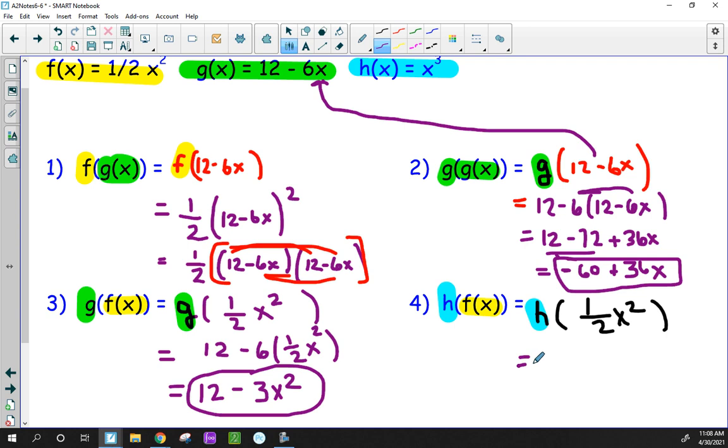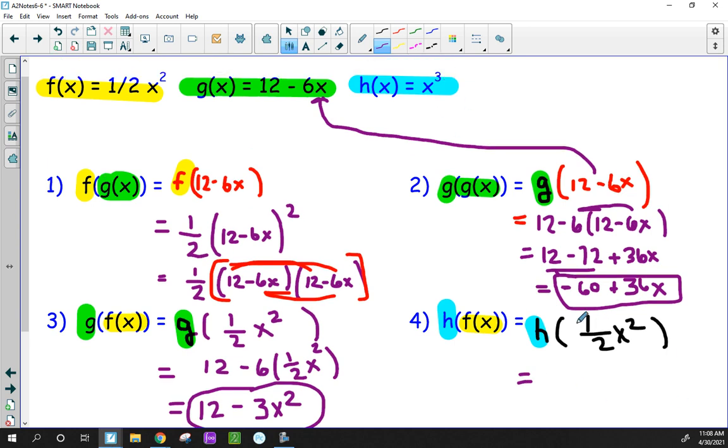Ready to use the h function. The h function is something cubed. It's telling me this is what goes in place of x. So I'm going to write 1/2 x squared. At the end, it's cubed. So a big power of 3 on the outside.